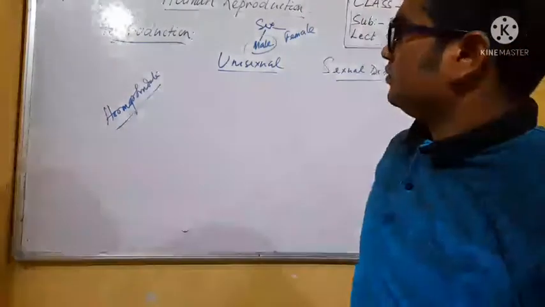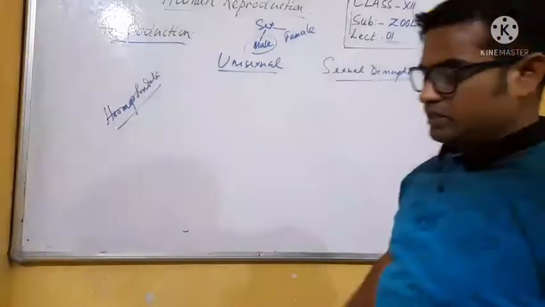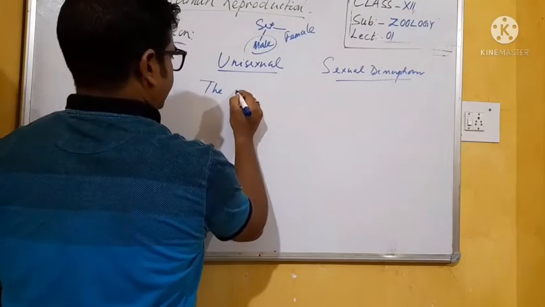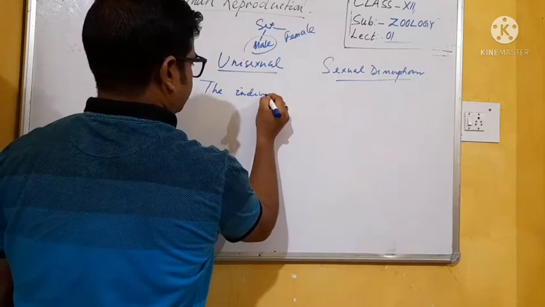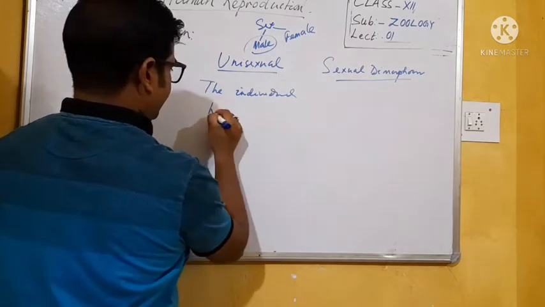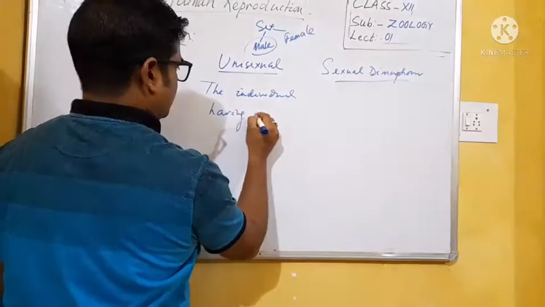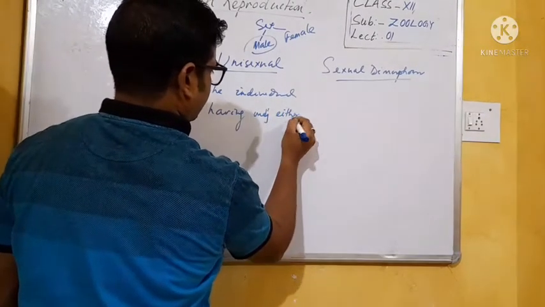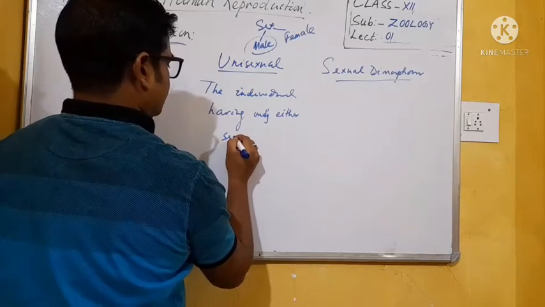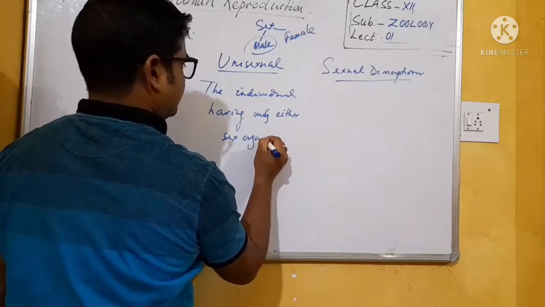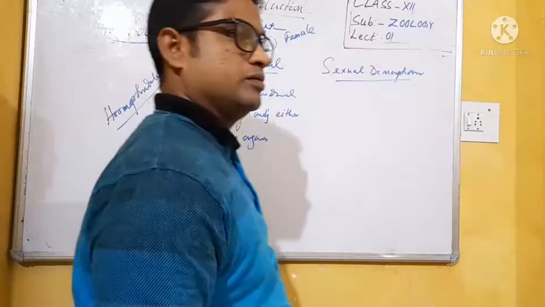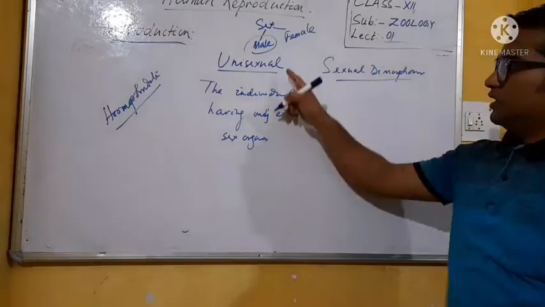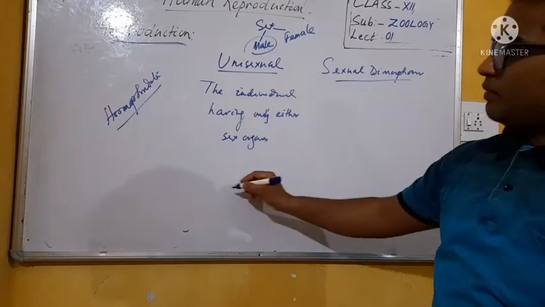Students, unisexual means you can write: the individual having only either sex organs. That means their sexes are not separated.